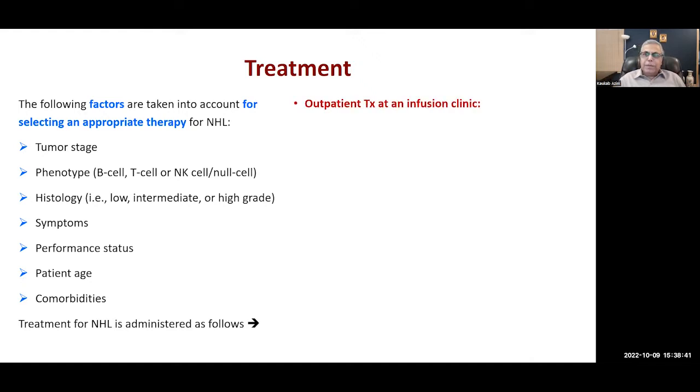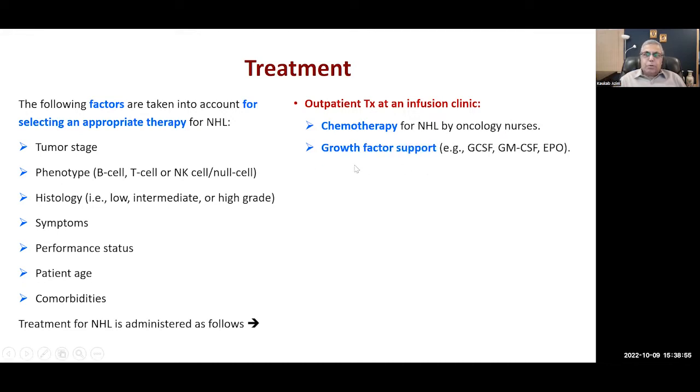Okay, you can give it in outpatient at an infusion clinic, and when certain protocols are given, not all protocols. So chemotherapy can be given in an outpatient treatment by oncology nurses. Growth factor support like granulocyte colony stimulating factor, or erythropoietin, or granulocyte macrophage colony stimulating factor.